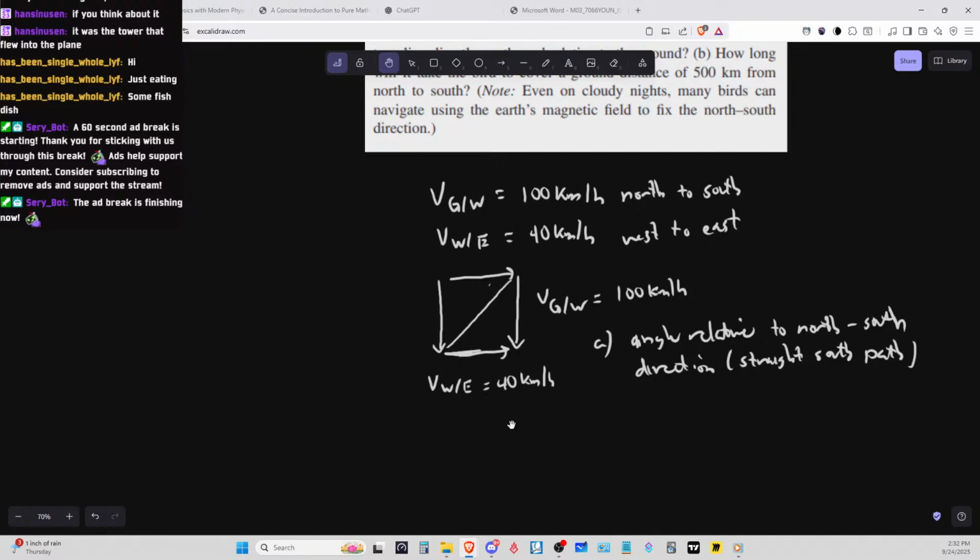So we're going to have it equal to 40, because we want 40 kilometers per hour. I think we'll just erase this and then write 100 kilometers per hour.